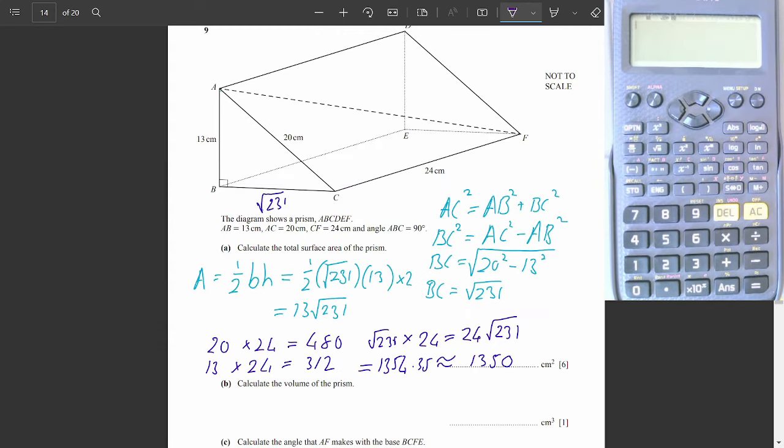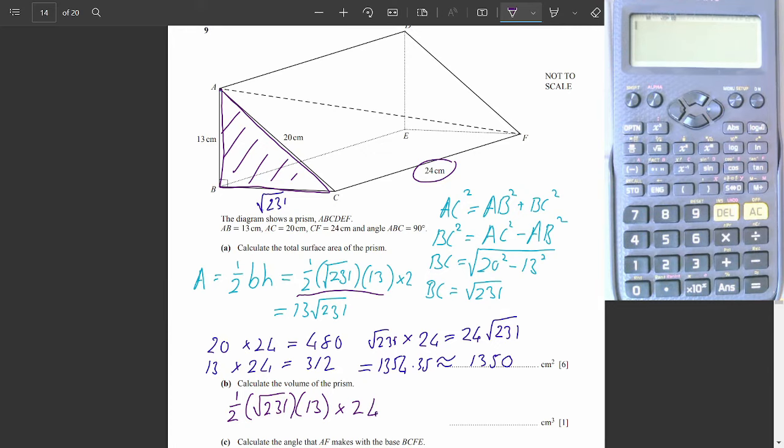Question 9b, the volume of the prism. Now, to get the volume, we need to take the area of the front face, this triangle here, and multiply it by the length. We already worked out the area of the front face over here. If you remember, it was a half root 231 times 13, and then we need to multiply that by 24.